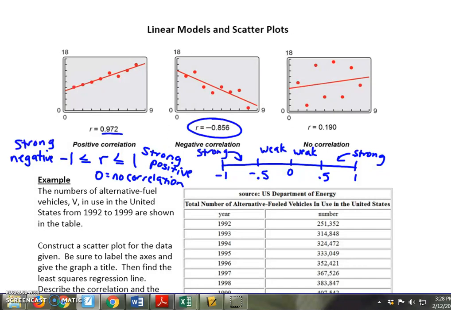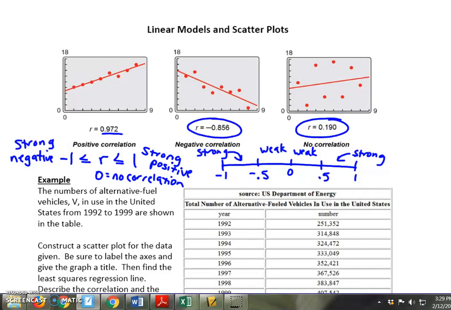The pattern of the points gives you the direction, whether it's positive, negative, or no correlation, and how close it is to the line of best fit gives us the strength. In this last one, r is 0.190, which is fairly close to 0. The points are all over the place, so there's really no correlation there.